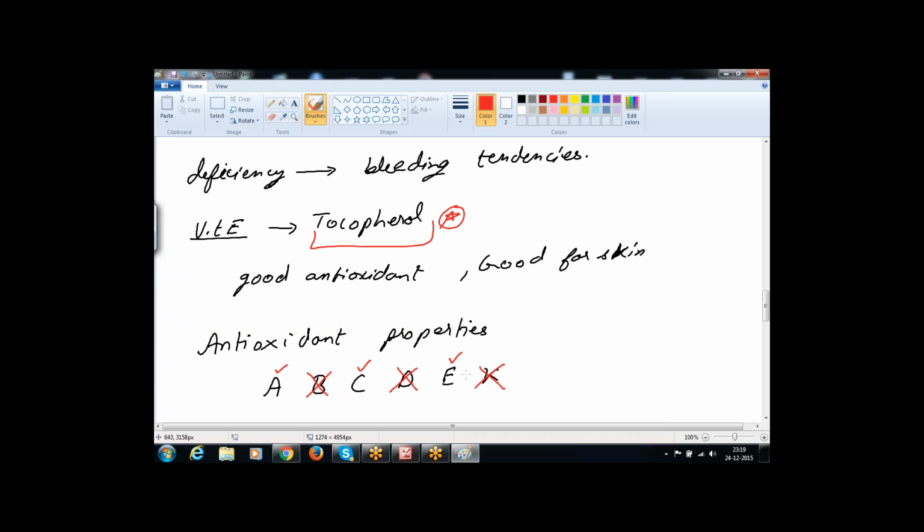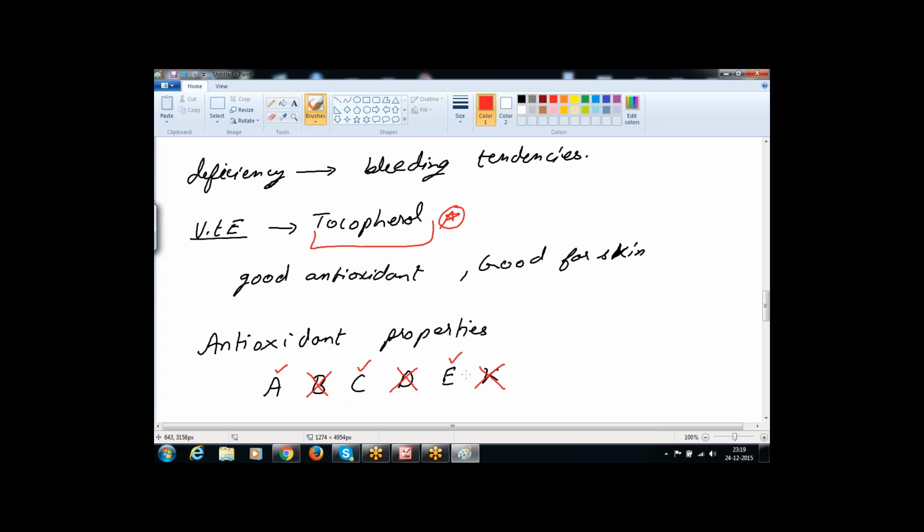Or the rate limiting step of fatty acid synthesis requires what? Biotin. What is the vitamin synthesized in our own body? That is vitamin D. Then the whole story of niacin causing pellagra, thiamine deficiency causing beriberi, dry beriberi, wet beriberi, Wernicke-Korsakoff syndrome. Each of these points you must know. You get 3 or 4 exam questions from the coenzyme section.